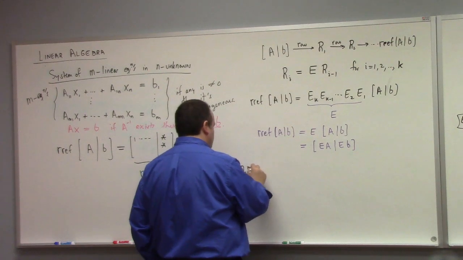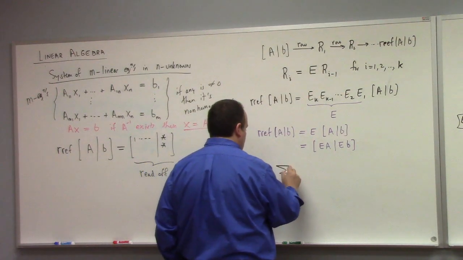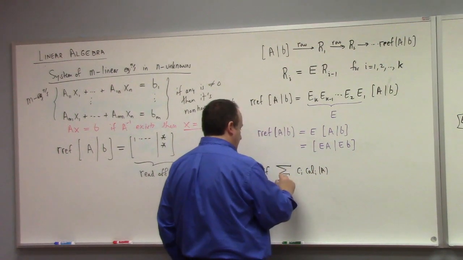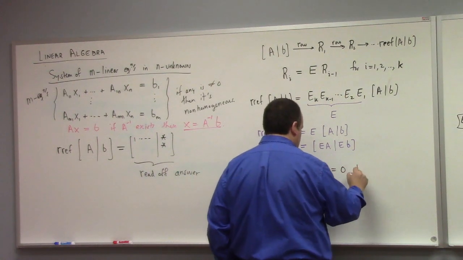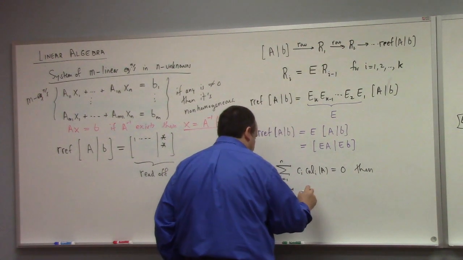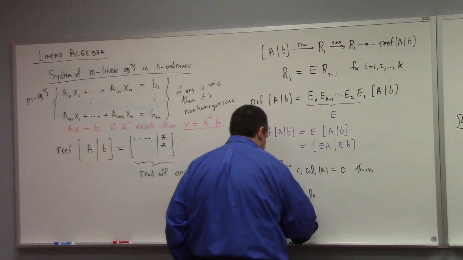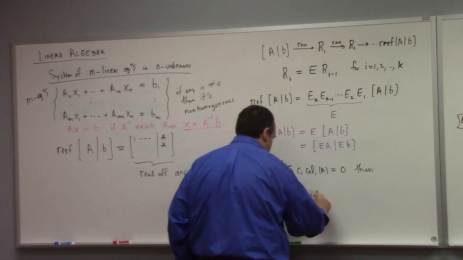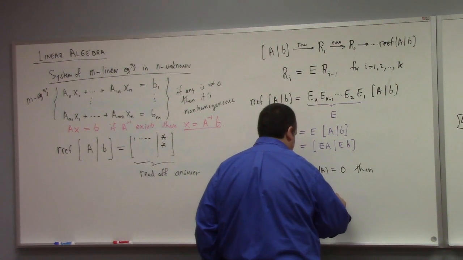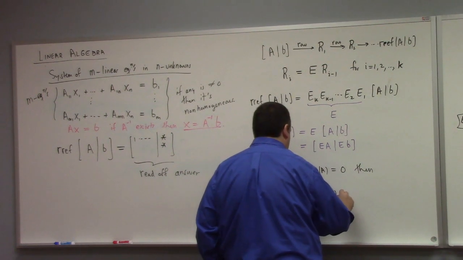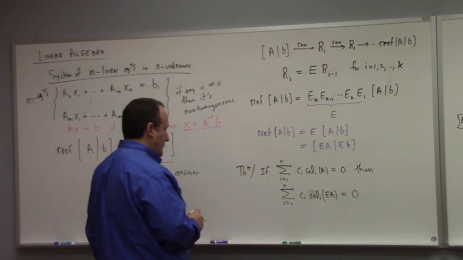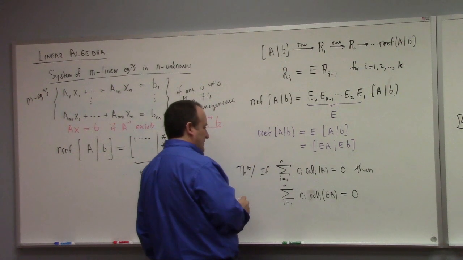So check this out. Theorem: if the sum over i equals 1 to n of c_i times column i of A equals 0, then the sum over i equals 1 to n of c_i times column i of EA is equal to 0. And in fact, this is not just an if-then.